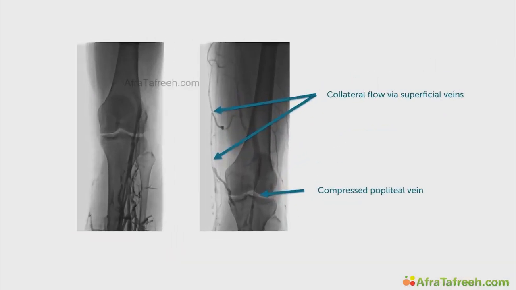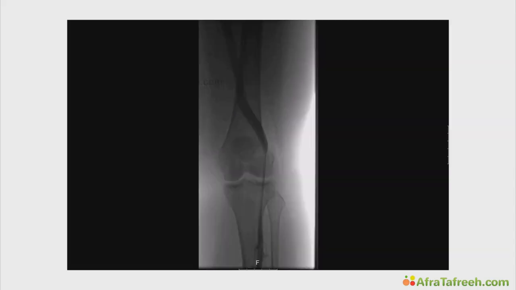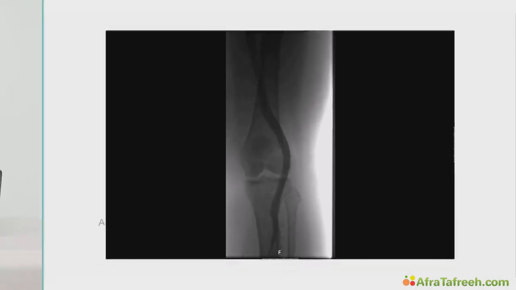You can see on the image on the left that the popliteal vein is open and the blood goes through the deep veins freely. However, when the patient dorsiflexes, the blood stops in the popliteal vein and goes through the superficial veins. Dynamic venography allows you to see it in action. You can see the filling of the popliteal vein and disappearance of this filling when the patient dorsiflexes.